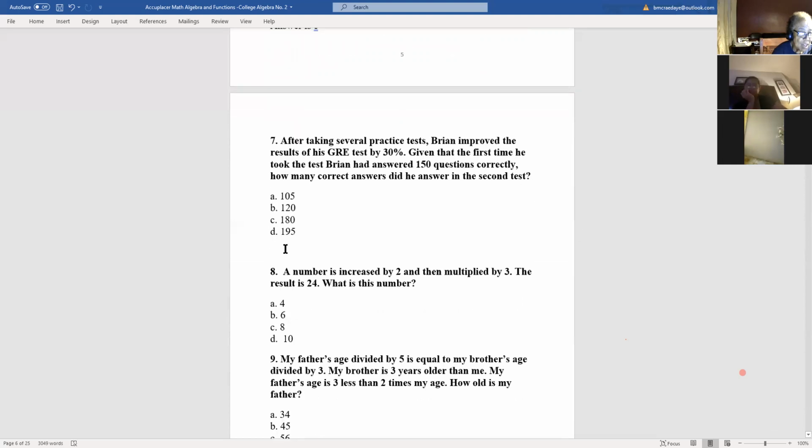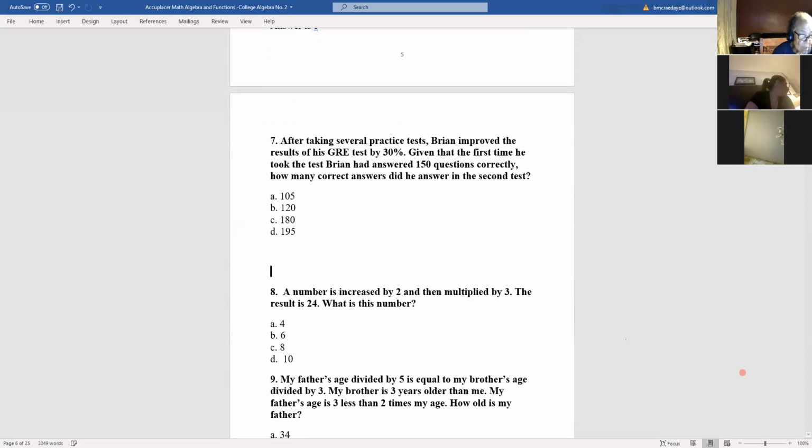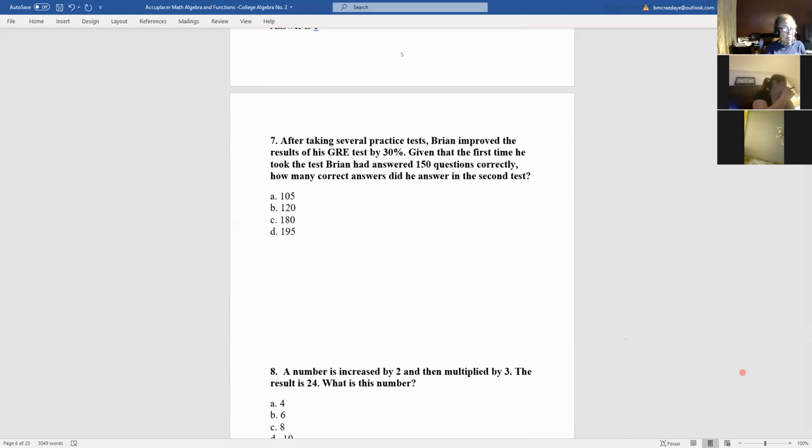So how would you solve this to get 30% more correct? How would you find the correct answers he had to answer in the second test? Think about it. The answer can't be A or B, because if he answered more, then the correct answer is going to be greater than 150.